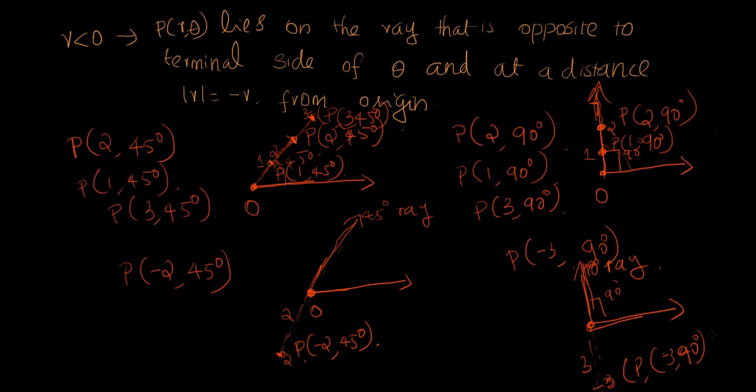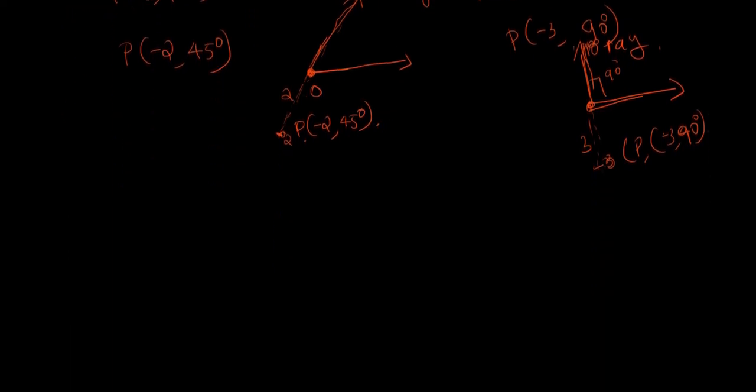Next, what happens if theta is negative? Suppose the point is P(2, -45°). First of all, we have to draw a polar axis. This is the polar axis, origin O. The angle is actually -45 degrees.